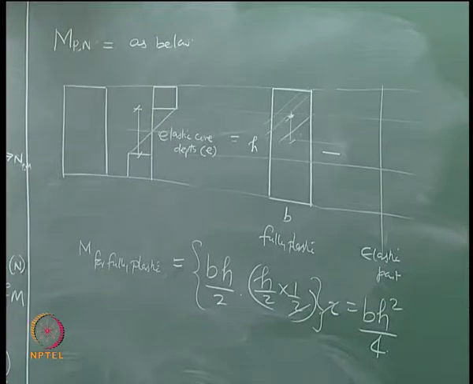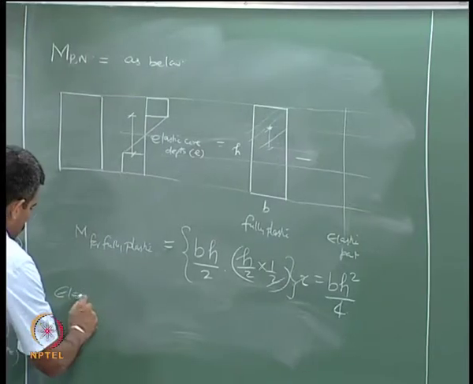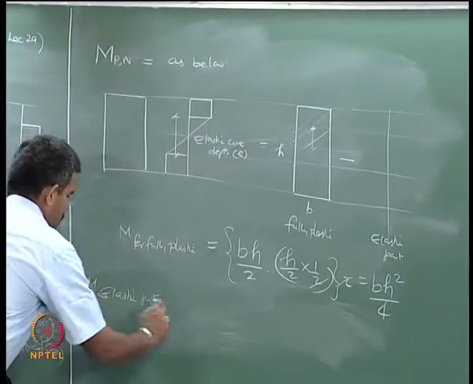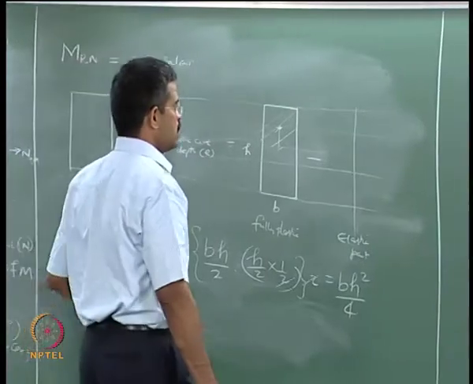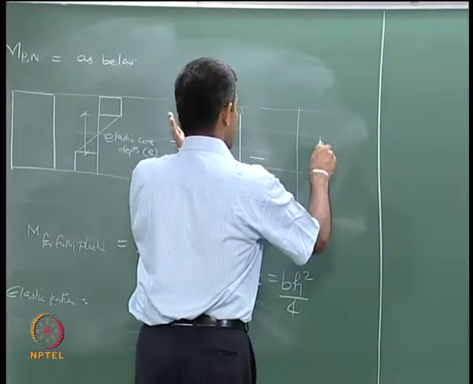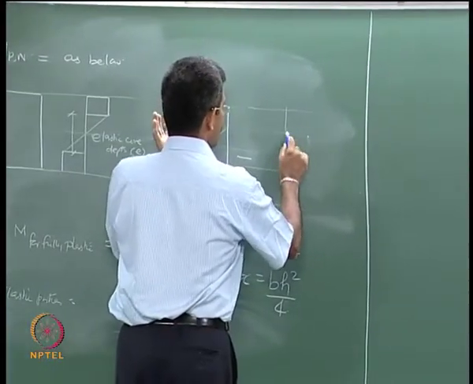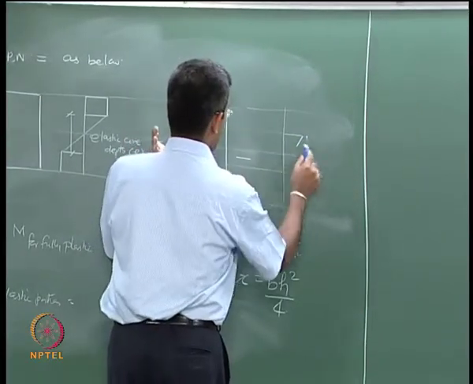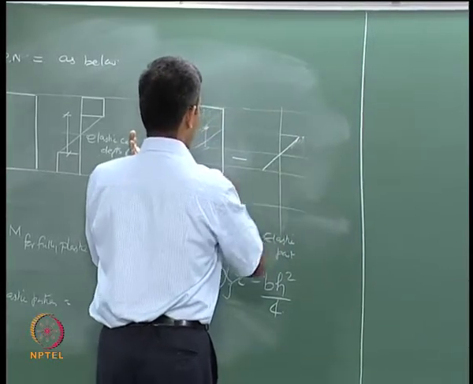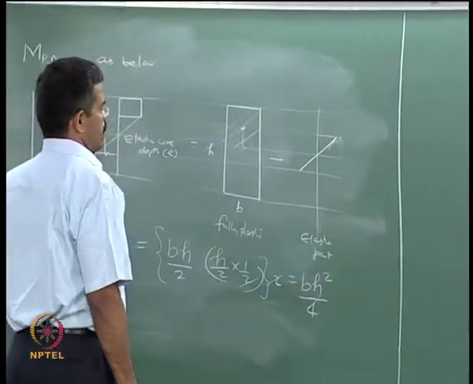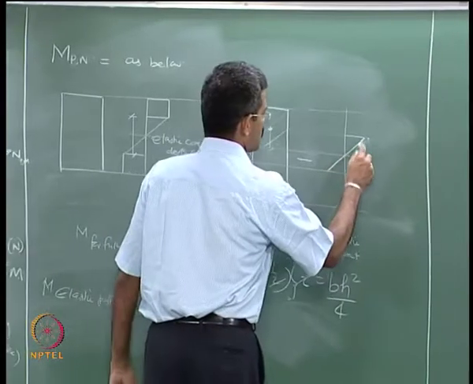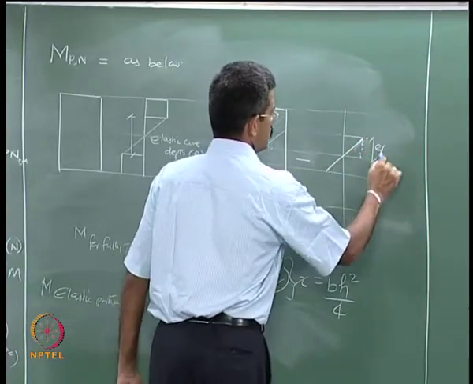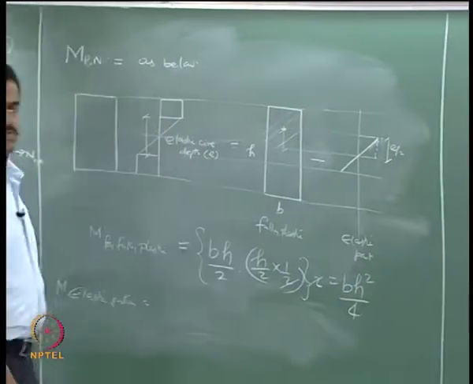Whereas for the elastic portion, I can superimpose this here, and we already know this is E by 2, okay.